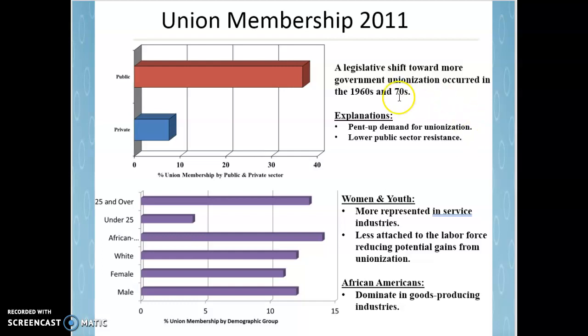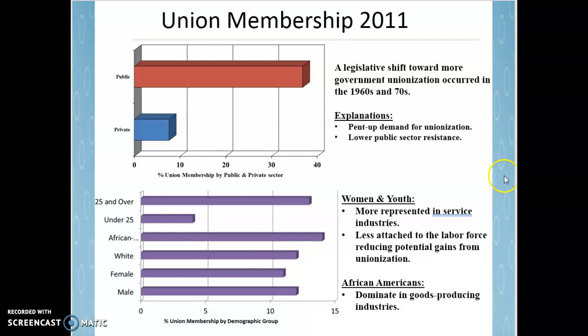So by the time we got to the 60s and the 70s, people started to say, well, why shouldn't the public sector be unionized? And the public sector was supportive of unions, so there was little resistance. Today, it's pretty clear that if you work for the public sector, your odds of being unionized are much higher than if you work for the private sector.